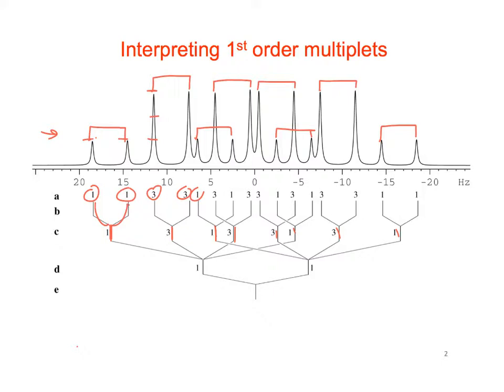So now we could draw this out, but what we're going to do is look at the ratio from here to here, because these are the new outside peaks. And because it's a 1 to 3 ratio, we know that that has to result from a splitting of a quartet.